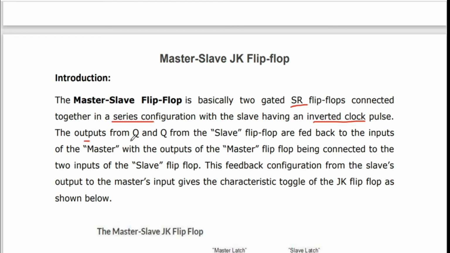Q and Q bar from the slave flip-flop are fed back to the inputs of the master, with the output of the master flip-flop being connected to the two inputs of the slave flip-flop. So this feedback configuration from the slave's output to the master input gives the toggle characteristic to the JK flip-flop.